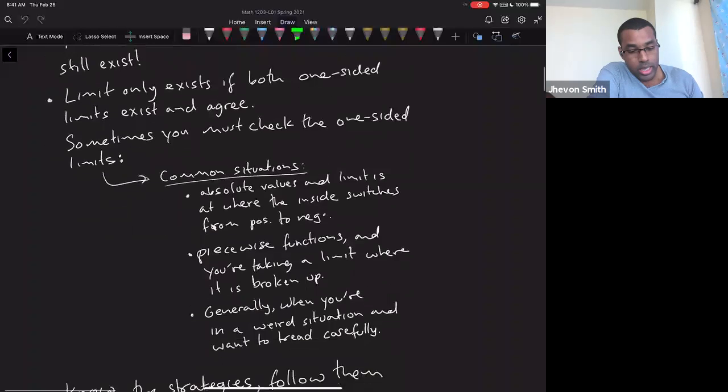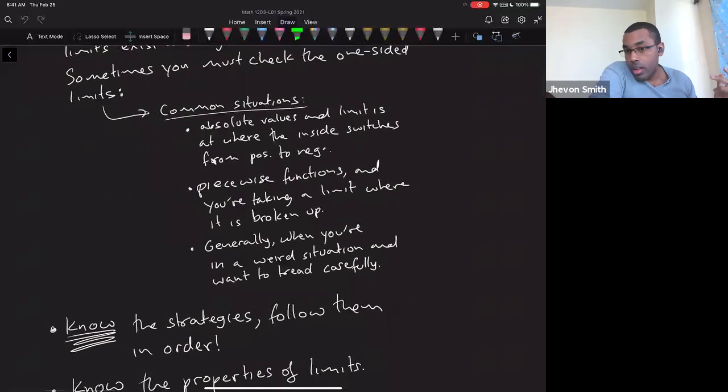And there are some times when you must check the one-sided limits. Some common situations where this will come up are piecewise functions or absolute values. If you're at the point where the thing inside the absolute value switches from negative to positive, you normally have to take both sides to make sure everything is okay.